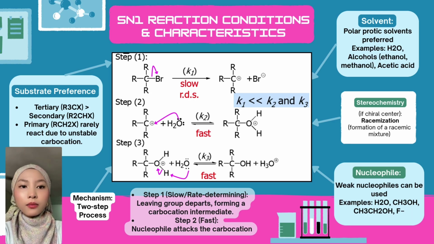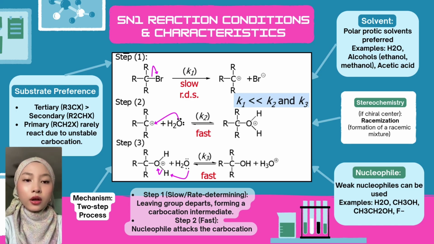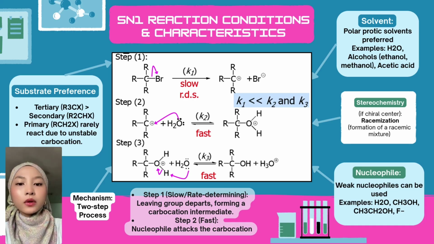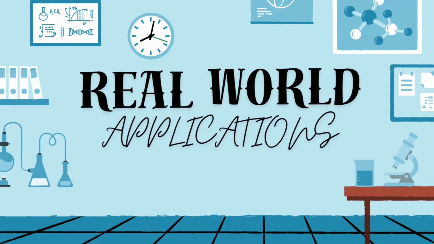Since the carbocation is already very reactive, SN1 can use weak nucleophiles like H2O, CH3OH, CH3CH2OH, or fluorine. If the reaction happens at a chiral center, you will get a mix of both enantiomers, meaning the product is a racemic mixture.